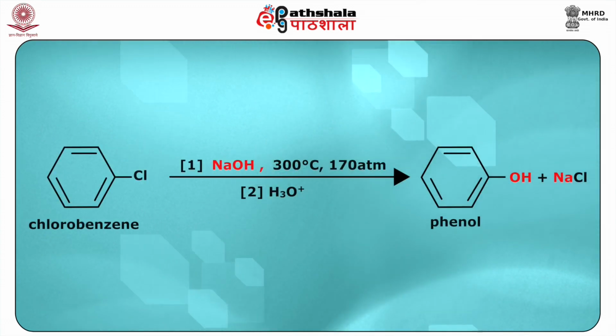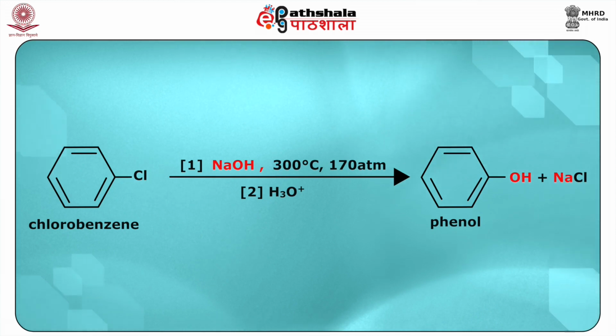For example, students, chlorobenzene can be converted into phenol by reacting it with sodium hydroxide above 300 degrees Celsius, which is a very harsh reaction condition, and at 170 atmospheres pressure.